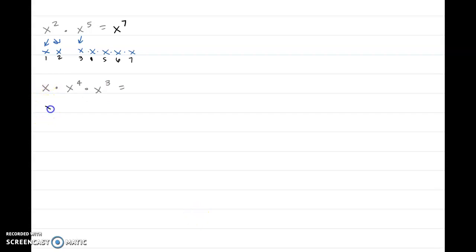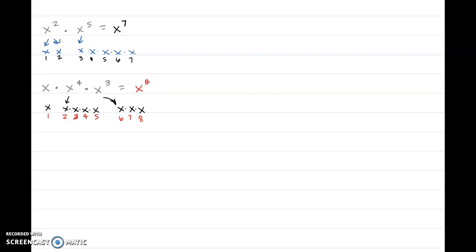So this 1x is just still 1x, and then I have 4 x's, 1, 2, 3, 4, and then 3 x's, so 1, 2, 3. How many x's do I have altogether? How many x's total are being multiplied? We got 1 from the first set, 2, 3, 4, 5 from the second set, 6, 7, 8 from the third set. So x to the 8th.